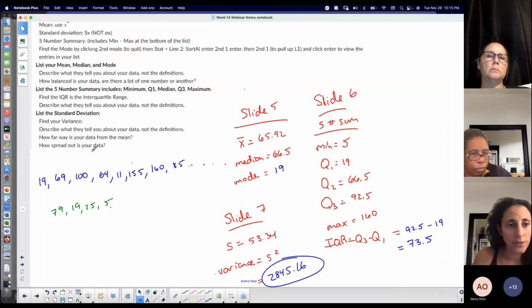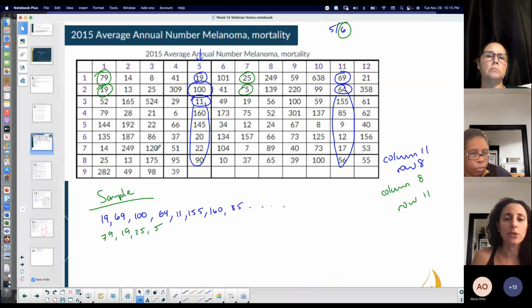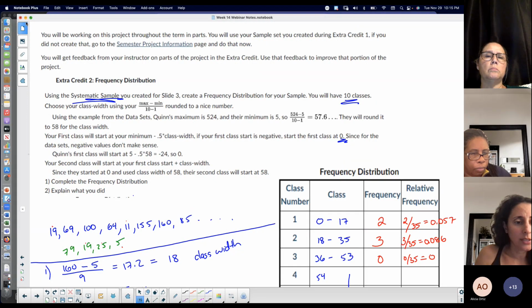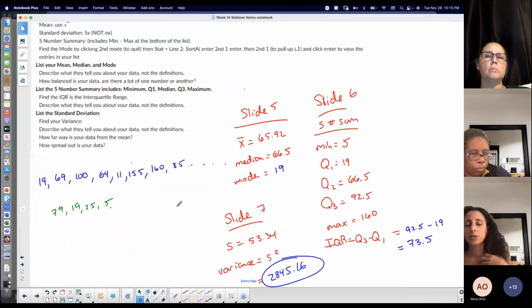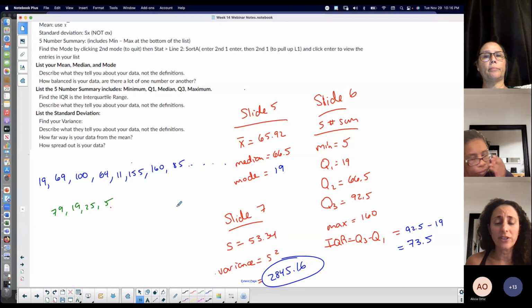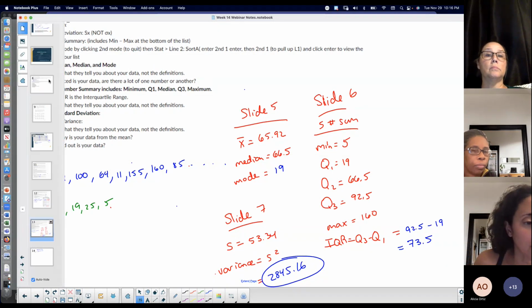Anyway, the average, what was the data set? The average annual number. So my average from my sample was 65.92. What does that mean? On average, I have 65.92, whatever it was, I keep forgetting.